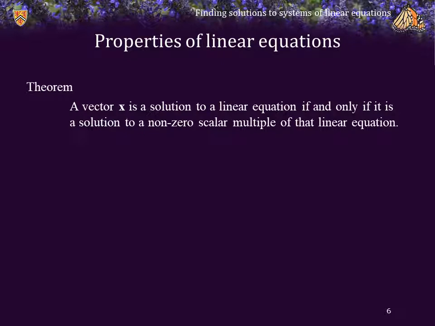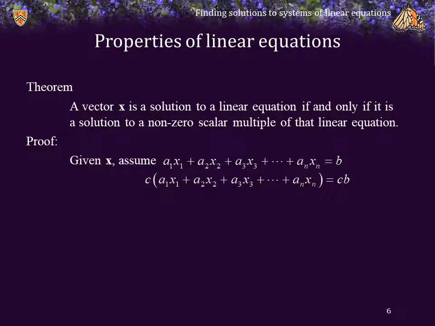Theorem. A vector x is a solution to a linear equation if and only if it is a solution to a non-zero scalar multiple of that linear equation. Proof. Given x, assume that it is a solution of this equation. That is, for the values of x here, that equation holds. Both sides are equal.